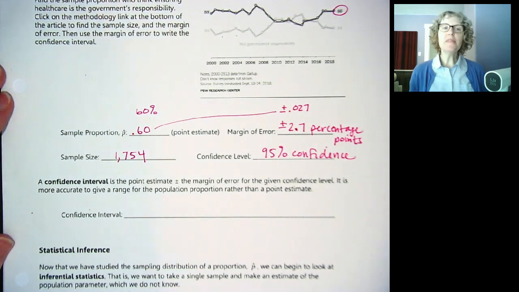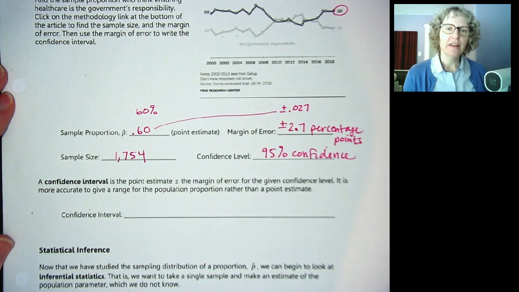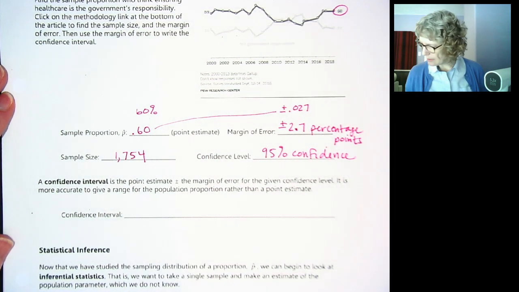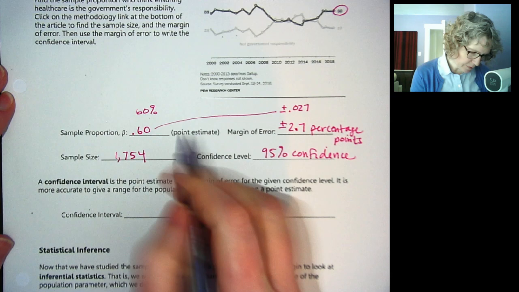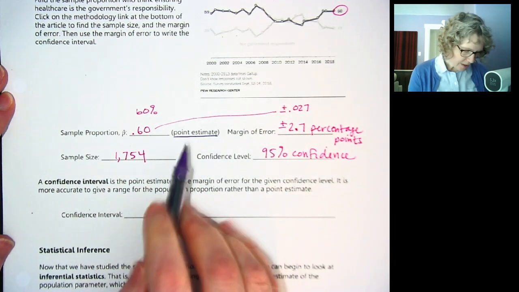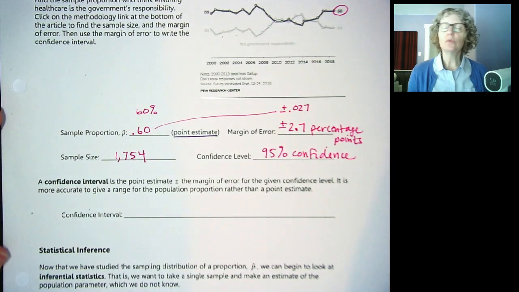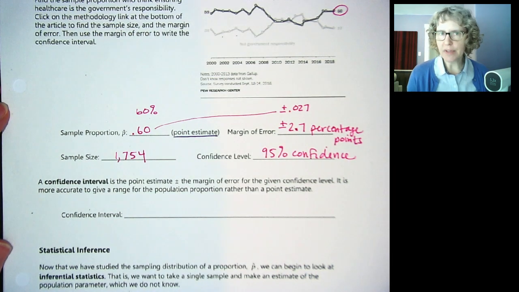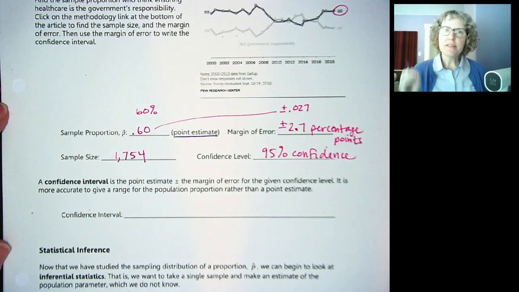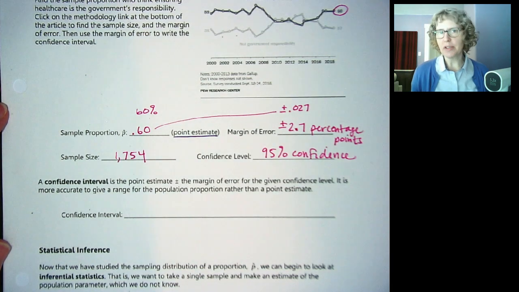Okay, so from that, we can give our confidence interval. Now, it's really important to give an interval versus a point estimate. You can see I have the phrase point estimate here. Our point estimate is 60%. But if we tell people we did a poll and we got 60%, people tend to think that is the exact number when it's really not, because of the sampling variation.